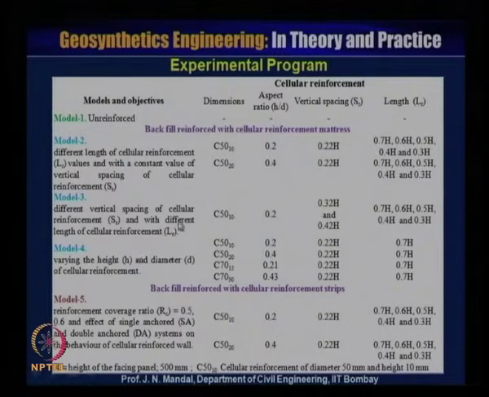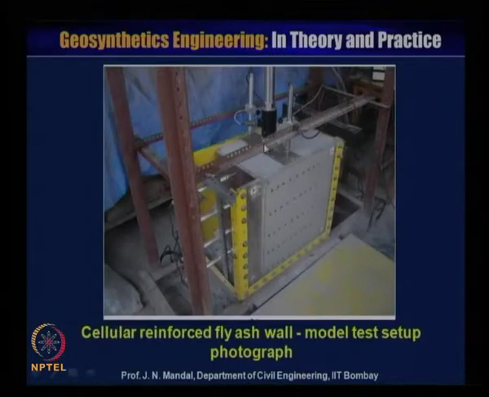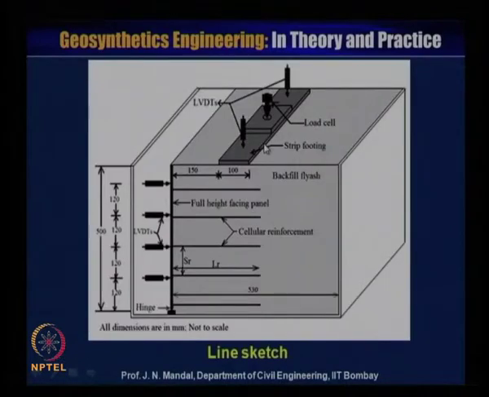H is the height of the facing panel, 500 millimeter, and the cellular reinforcement diameter and height are also varying. So, this is the aspect ratio. These are the experimental programs that have been performed on the fly ash model.